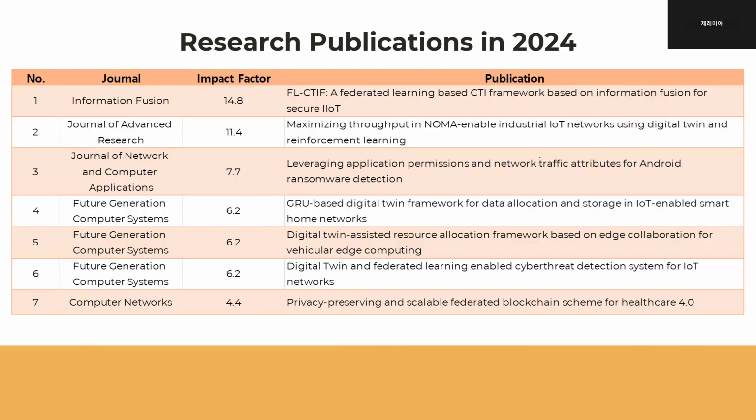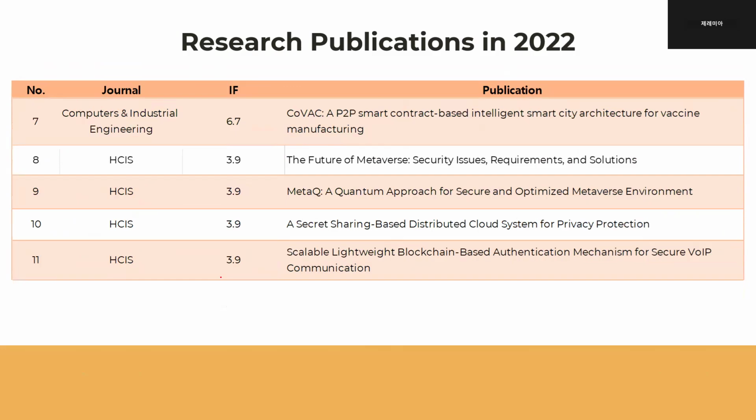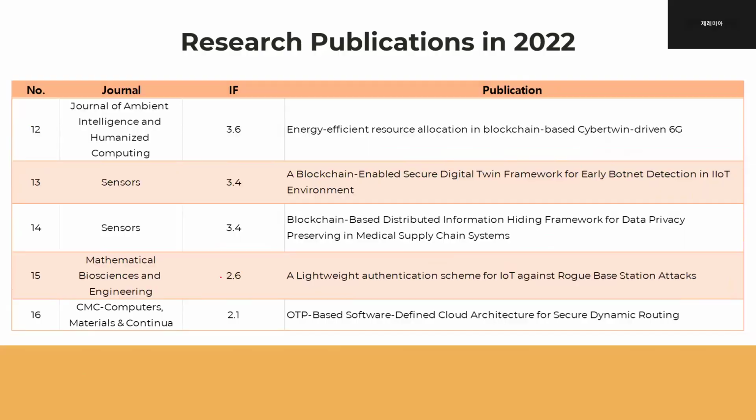For 2024, we also had a couple of good papers accepted in good journals, including Journal of Advanced Research, Journal of Network and Computer Applications, as well as FGCS, and so on. 2023 was also good. If you get a chance to visit the Google Scholar page for Professor Park, you can get much more information about the publications, the journals, and the paper titles.